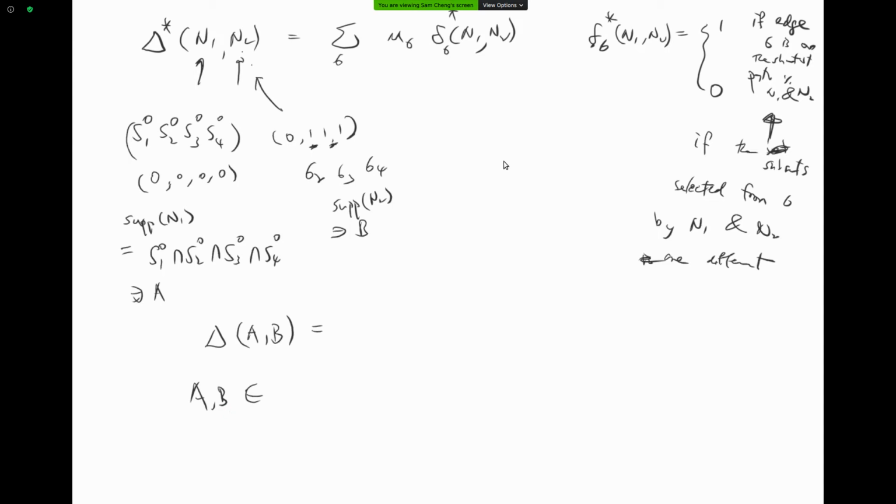And I can define this as the sum over sigma of mu sigma times delta sigma A and B.